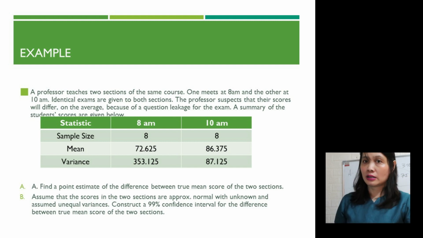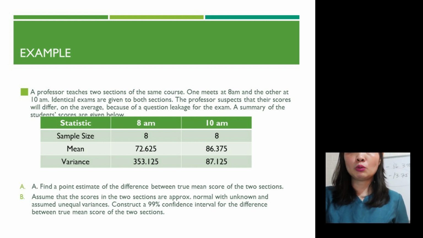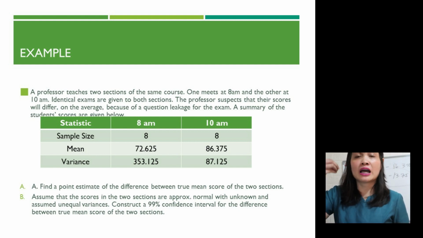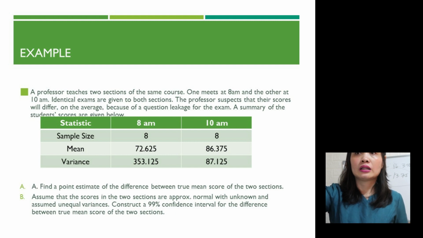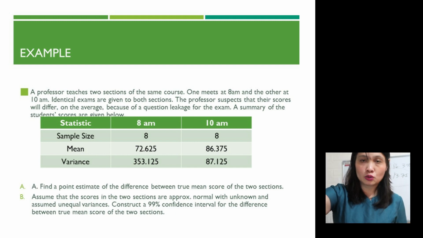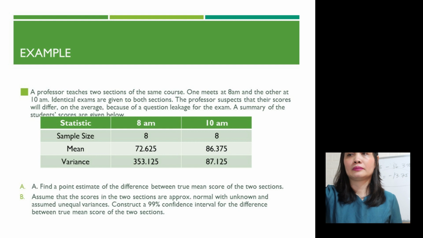Remember the discussion a while ago: if the variances are unknown and assumed unequal, we will be using this formula.